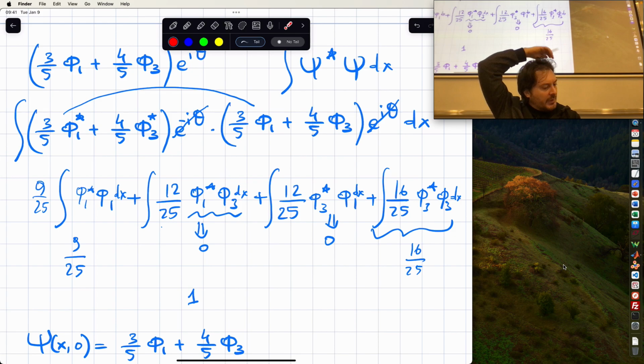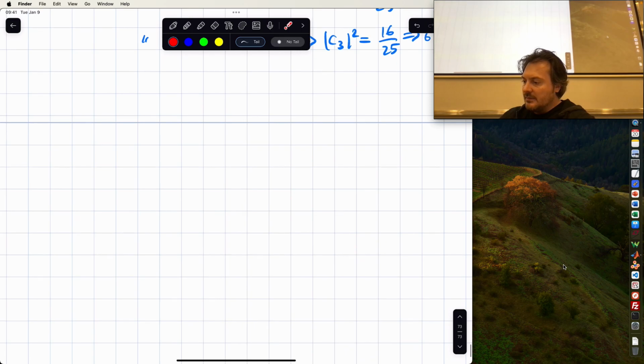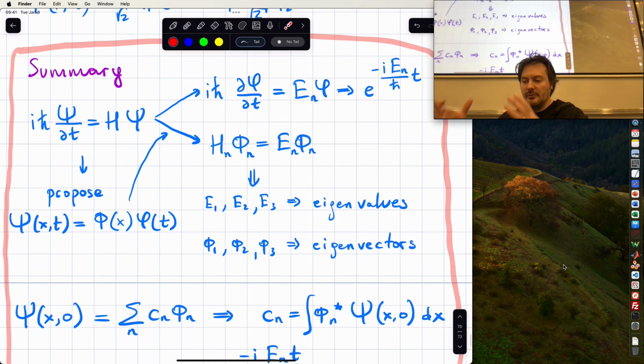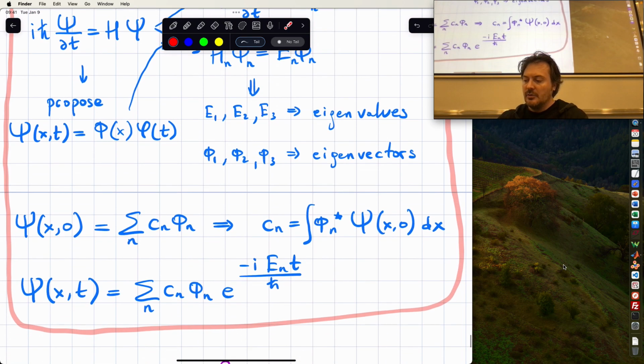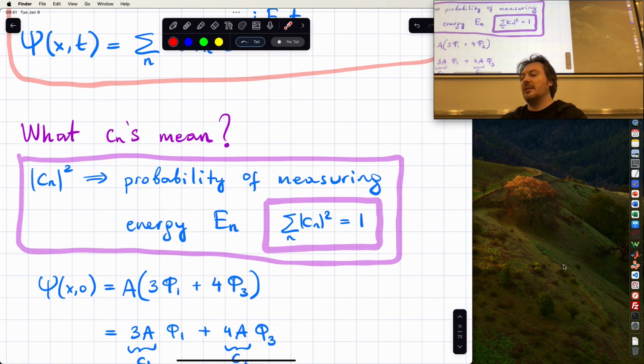What is the best way for me to explain Cn's in one other way? So this is the summary of propagation. You start with a wave function, it propagates. And then I just said that this is what you get when you measure energy.